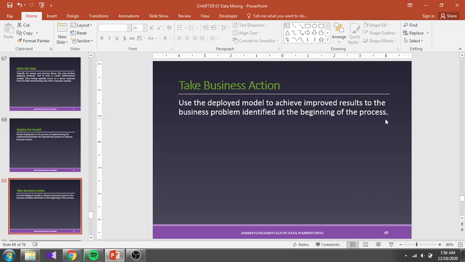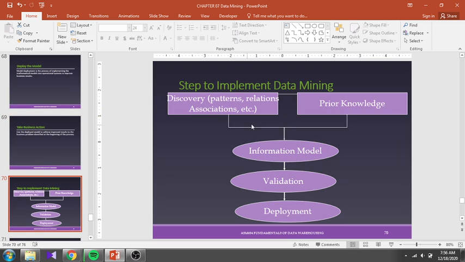What if we want to tackle the projects? And of course this is the step flow of implementing data mining. Discover the pattern, relationship, association, get the knowledge, information, model, validation, and deployment.